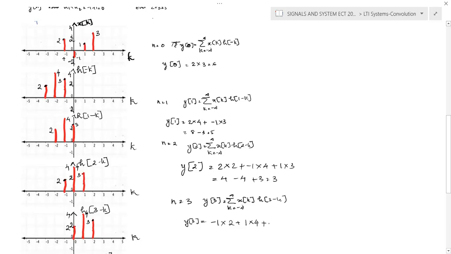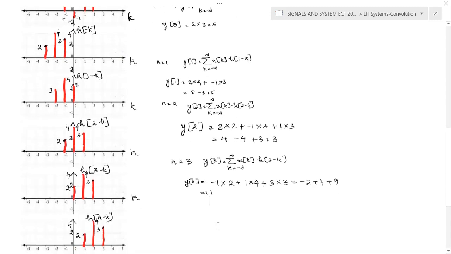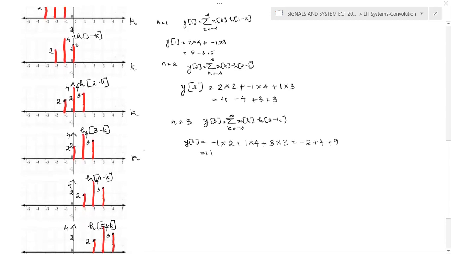And third point, at k is equal to 2, first signal amplitude is 3, and h of 3 minus k amplitude is 3. So you will get minus 2 plus 4 plus 9. Okay, you will get 11. So n is equal to 3, you will get 11.